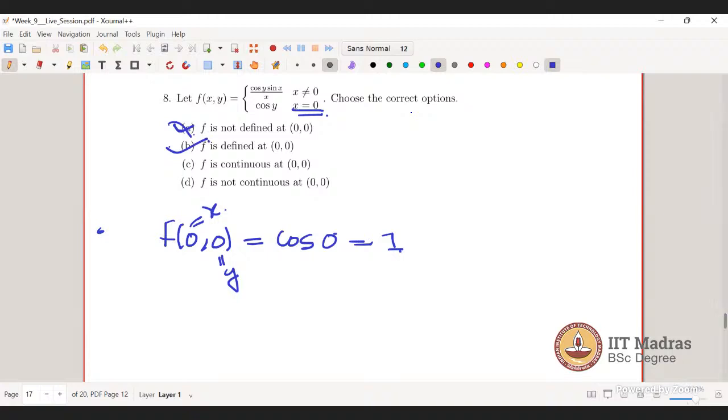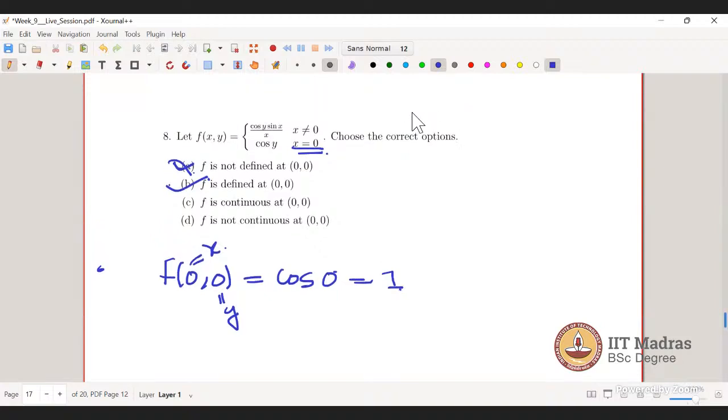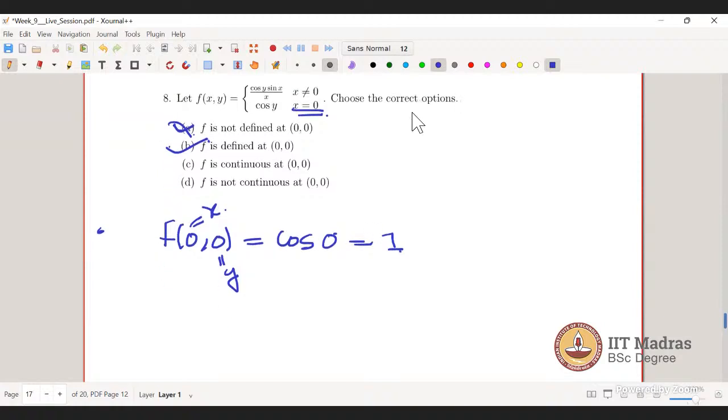The next thing is f is continuous at (0, 0). It is continuous, but why? Because cos y is bounded, the limit is 1, and mod of sin x by x is less than or equal to 1.